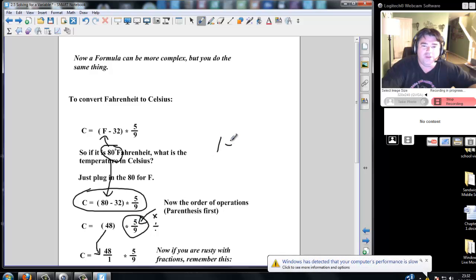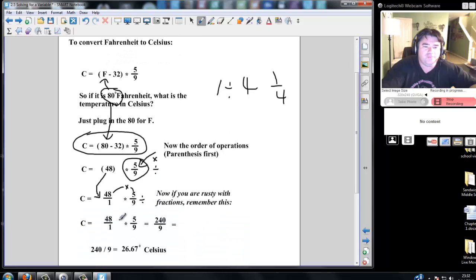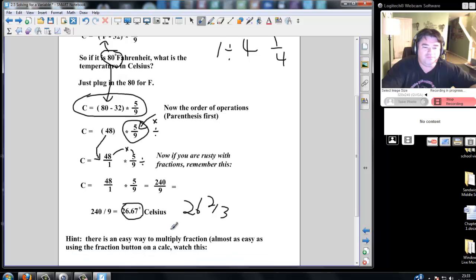Remember, if you have 1 divided by 4, that just means 1/4. So 5/9 is just times 5 divided by 9. So with your calculator, take 48 times 5 and then divide by 9. Hopefully you got 26.67 or 26 2/3, whichever makes you happier.